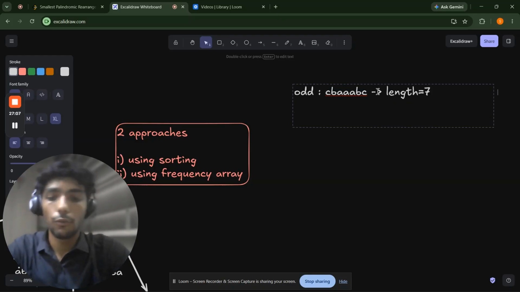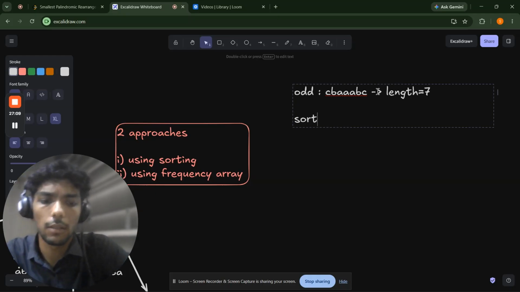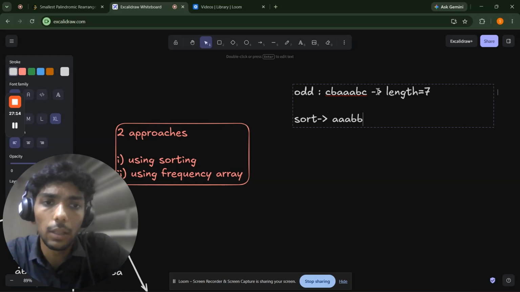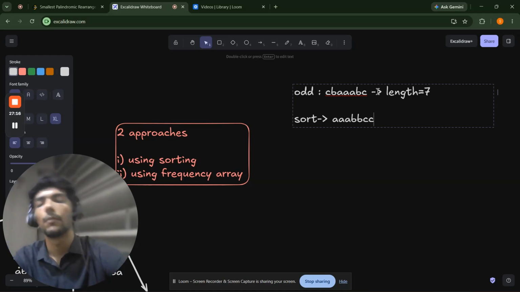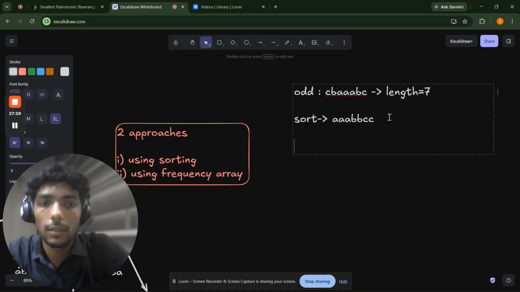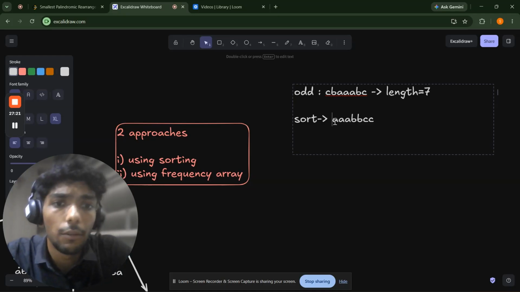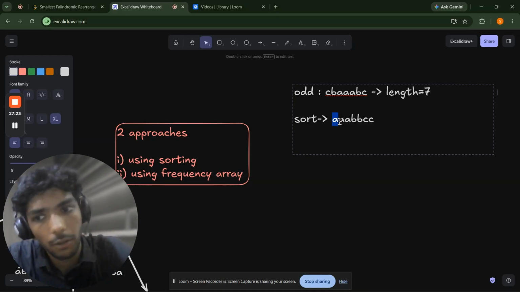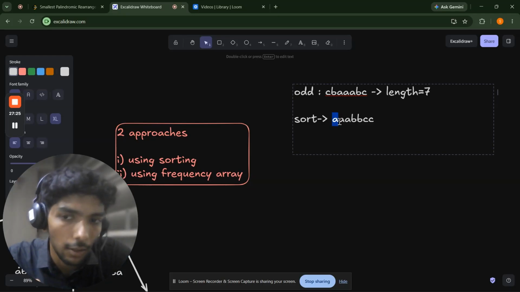So what we will do is, let's just first sort it. A, B, C, C. Now, since it is sorted, we know that we will take this one first so that lexicographically smallest order will be maintained.